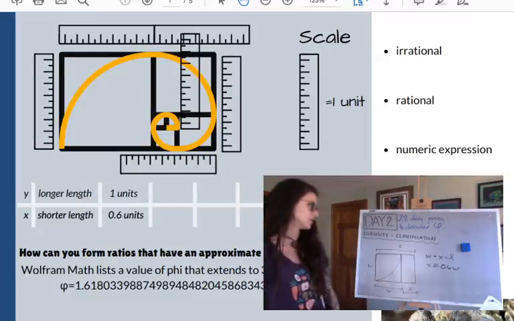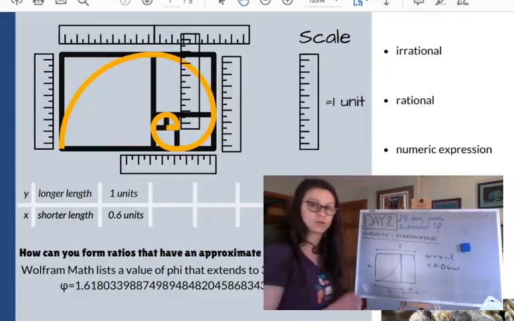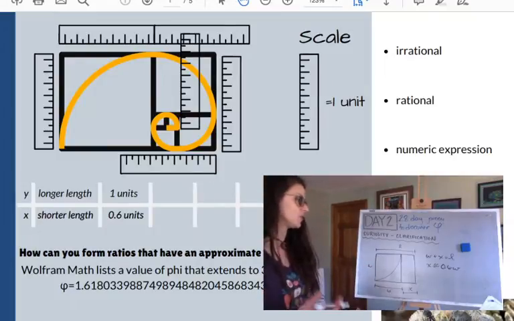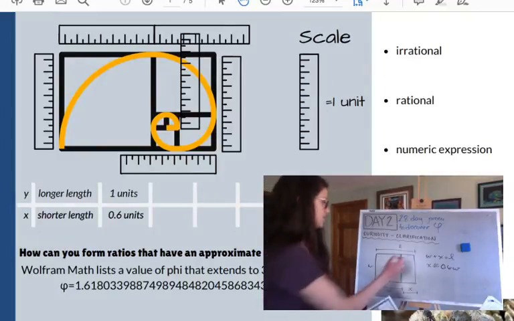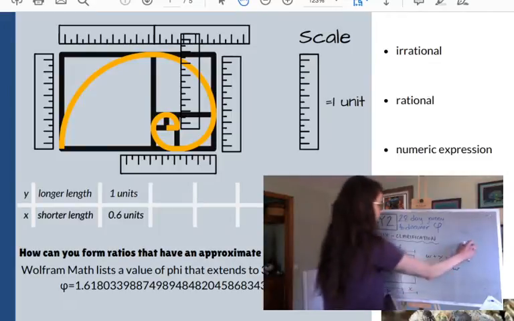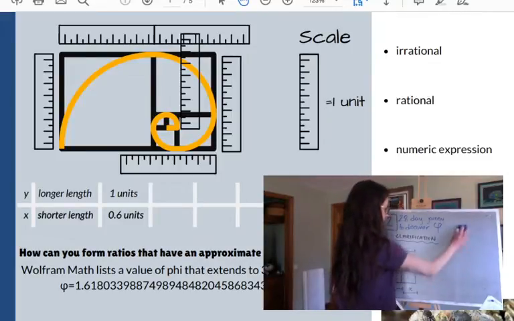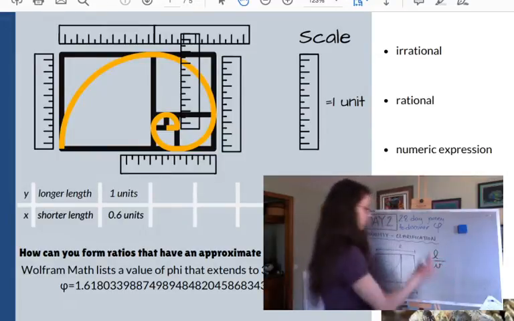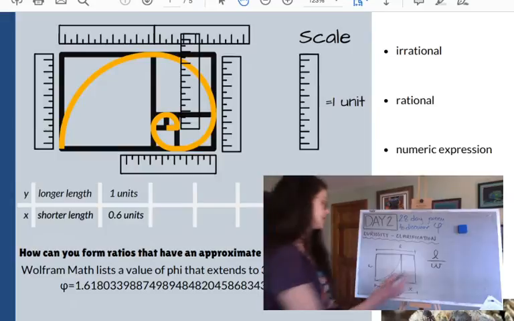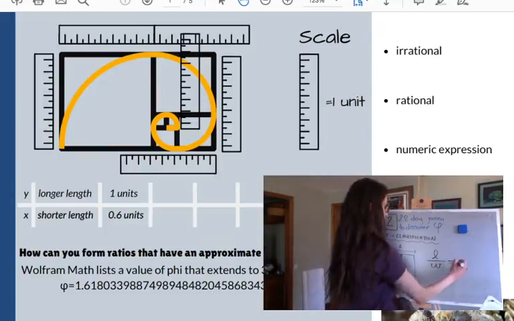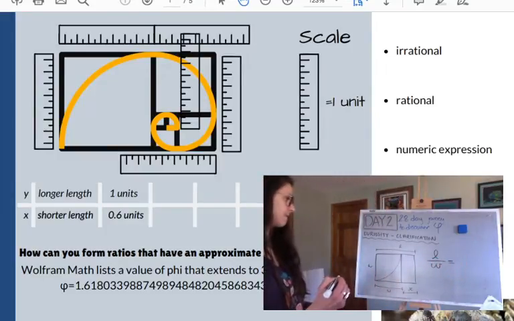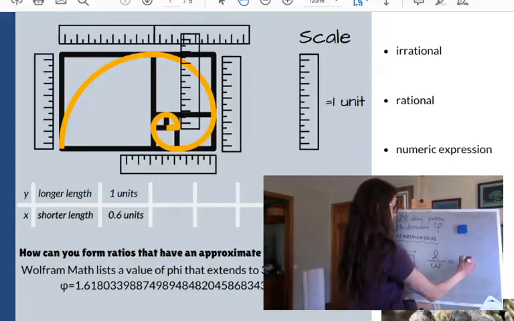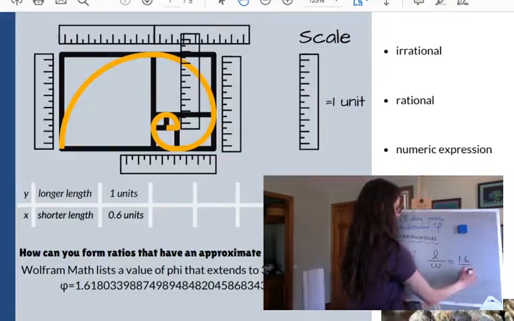Okay, so that's a nice little set of equations we can use to model the golden ratio so far. Now, this is within the golden ratio because the ratio of the length to the width, the longer side to the shorter side, is about 1.6 over 1.